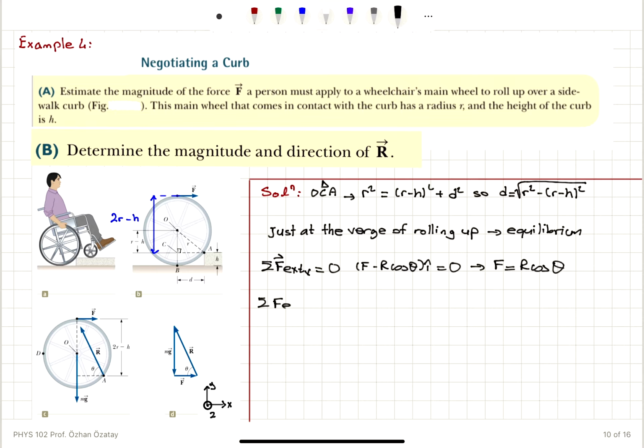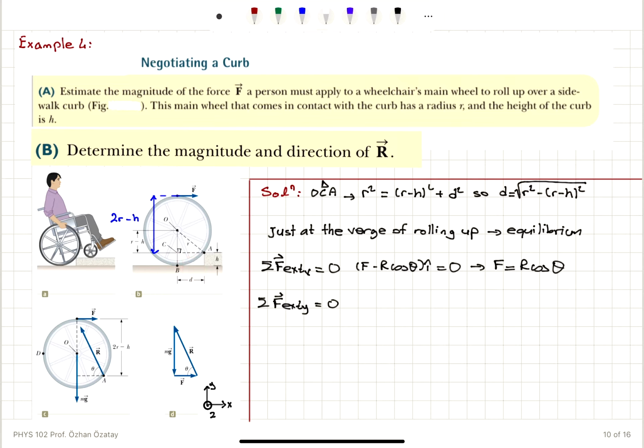The net external force y component should be 0. Now the y component comes from mg, the weight, and the y component of R. Since at this point we are losing contact with the ground because we are at the verge of rolling up, the normal force that would normally be applied on the wheel will go to 0.